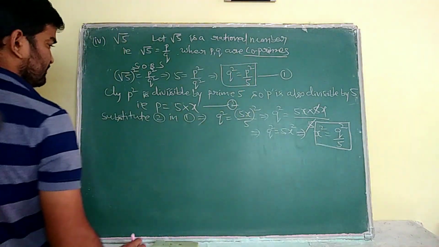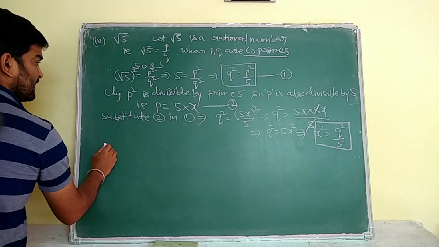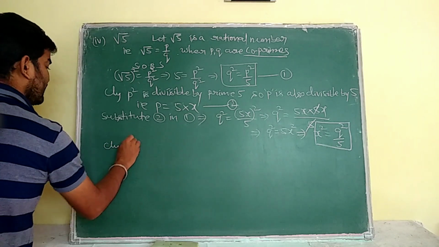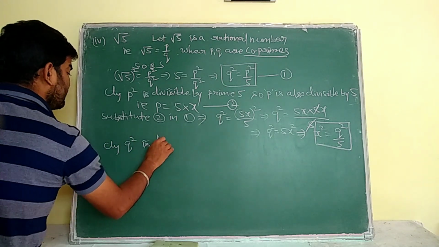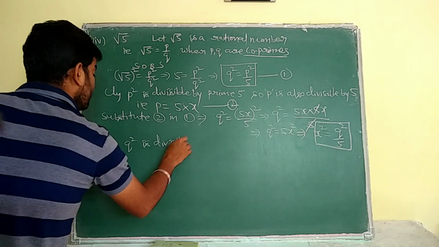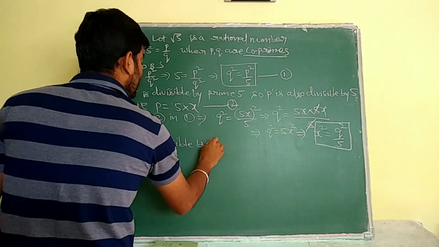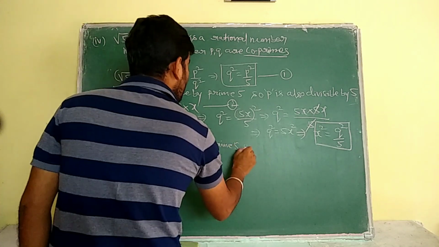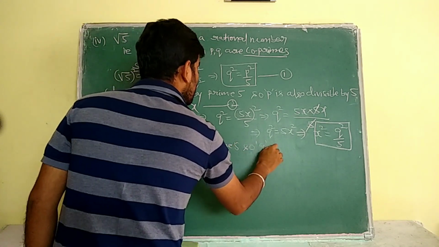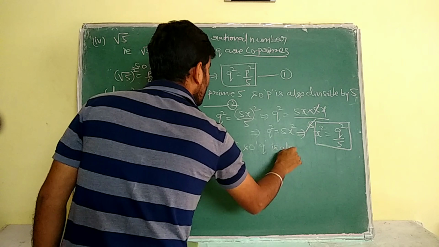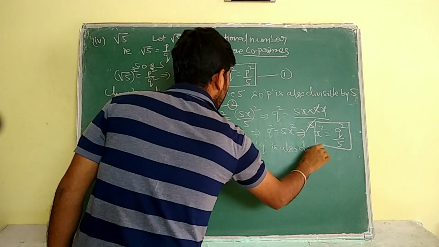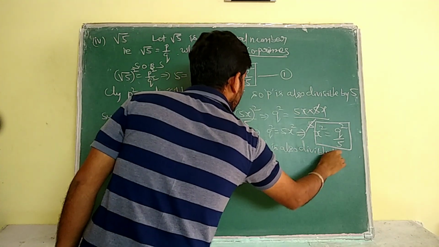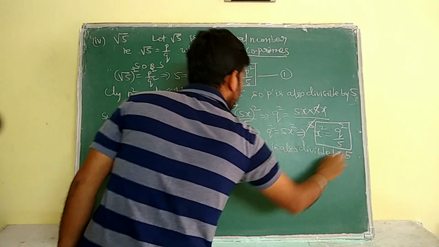That we have to write again. Clearly, q square is divisible by prime 5. So q is also divisible by 5.